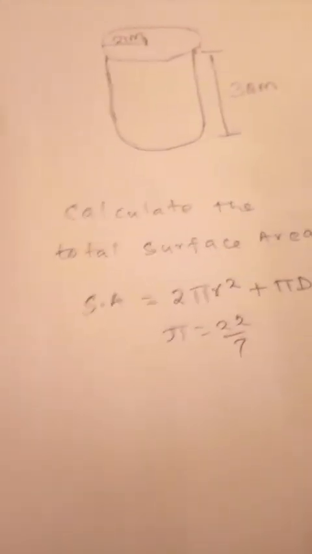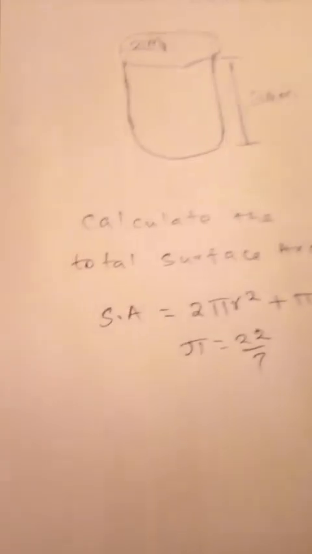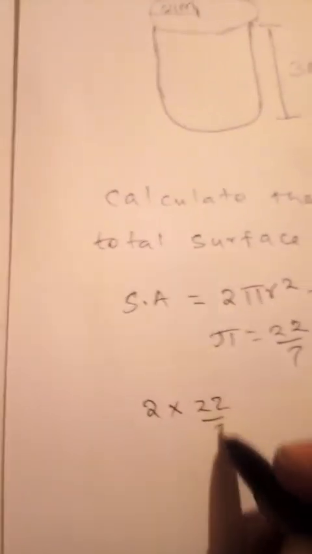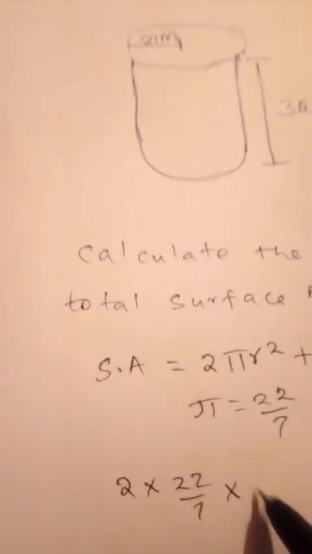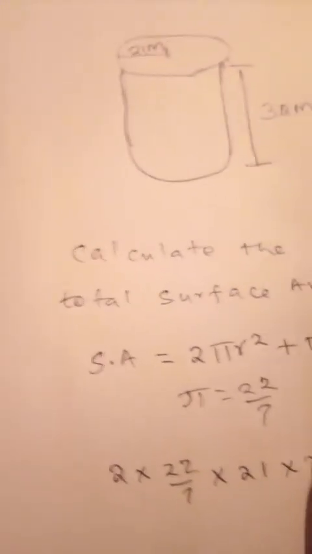Let's now evaluate this formula. It is 2 times pi, which is 22/7, times the radius. The radius is 21 meters. We square 21 meters like this.